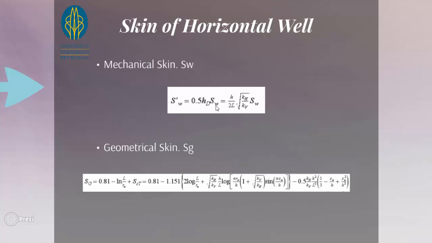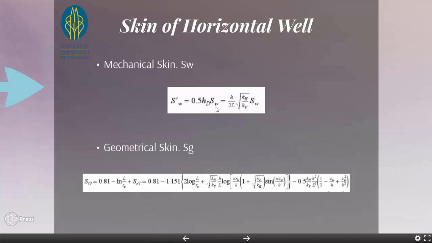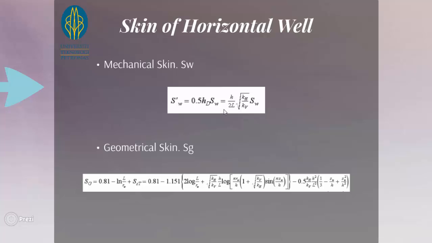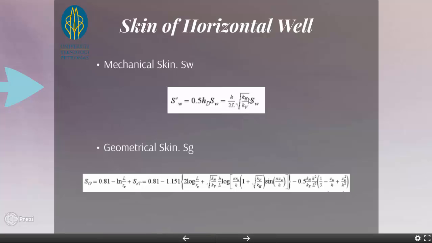The resulting skin parameter sw prime does not define the completion quality as does sw of previous equations. sw prime is equal to 0.5 times the dimensionless height times the normal skin, and is also equal to h over 2L times the square root of horizontal permeability over vertical permeability times the normal skin.